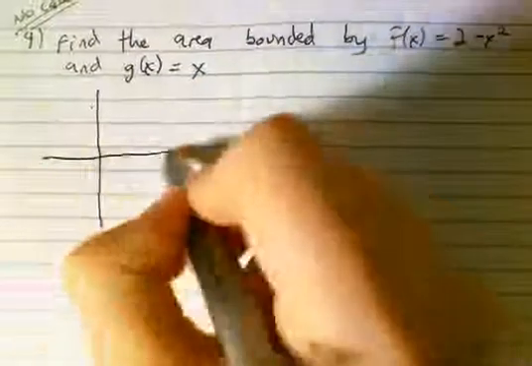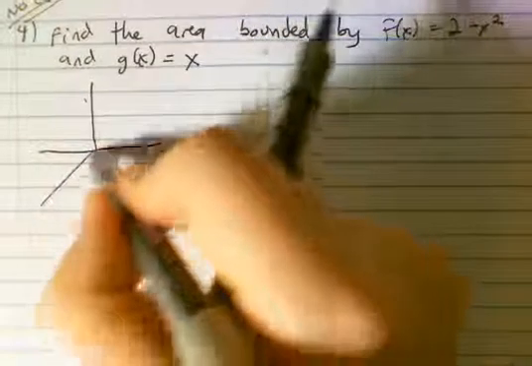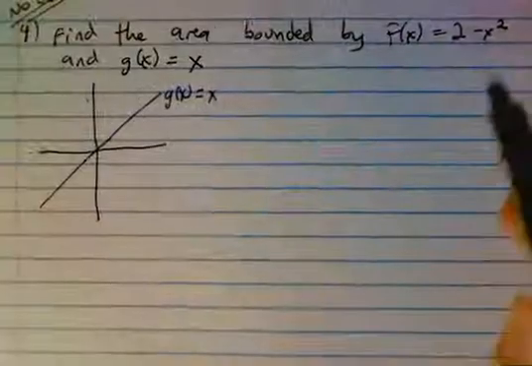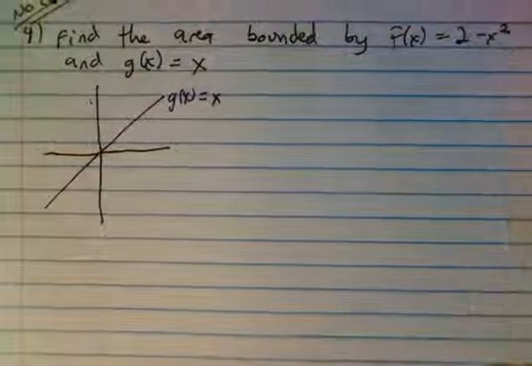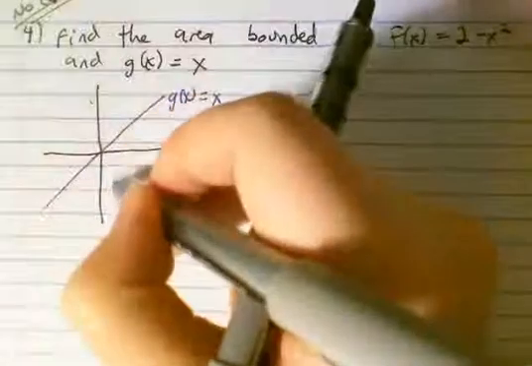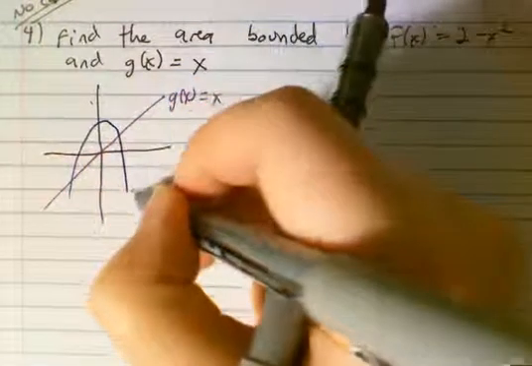So when we're drawing this, we know that g of x equals x is just a line like that. This is negative x squared plus 2, same thing. So negative x squared is upside down, plus 2. It's going to be coming up something like this.